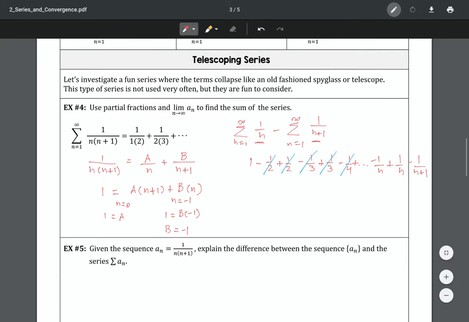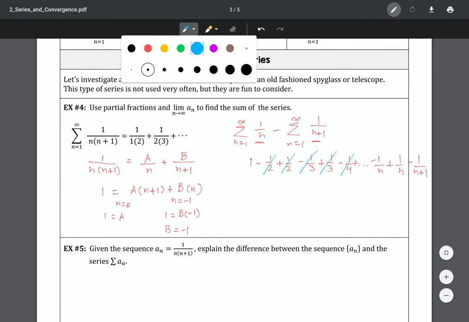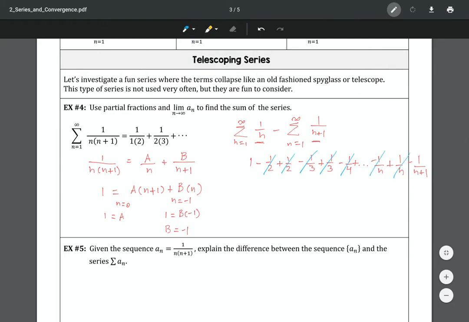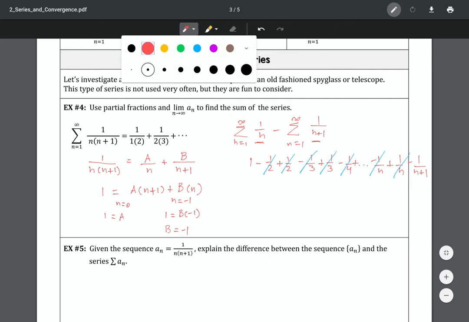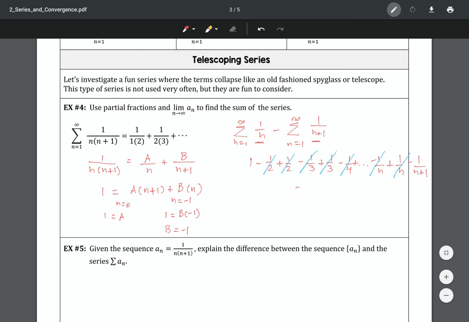But my point here is that all of this other stuff would cancel, and you would end up with the first term and the last term, basically. Okay? So this is the sum of the series. So to find the sum of the series, you have to take the limit as n goes to infinity.